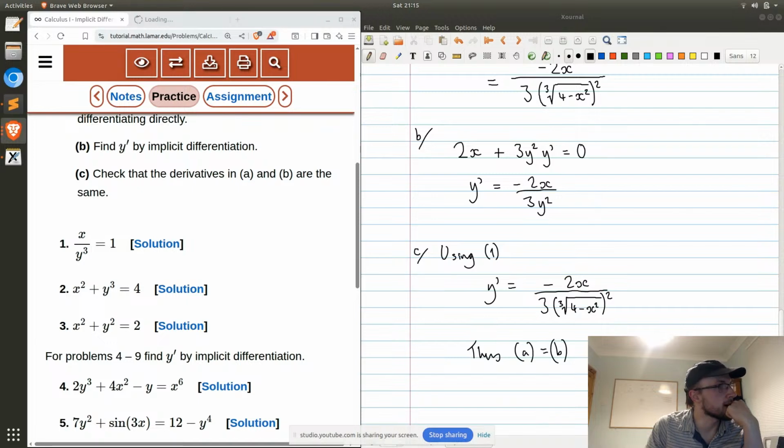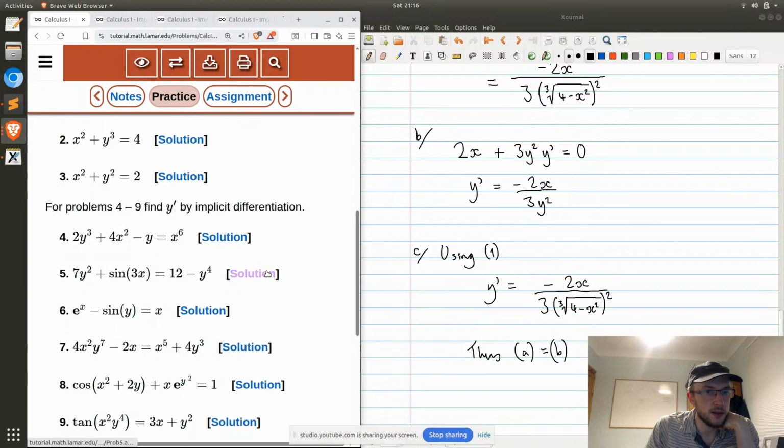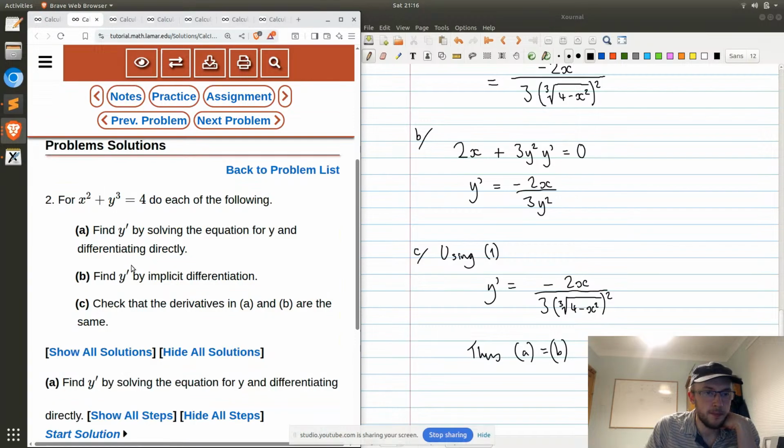All right, so it's going to take forever to load the solutions, if it does. So I'll load up multiple at once, just in case. Yeah, I'll load up down to 7, and we'll check them.